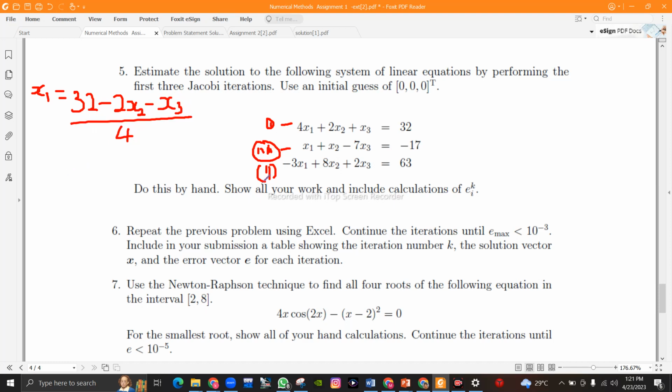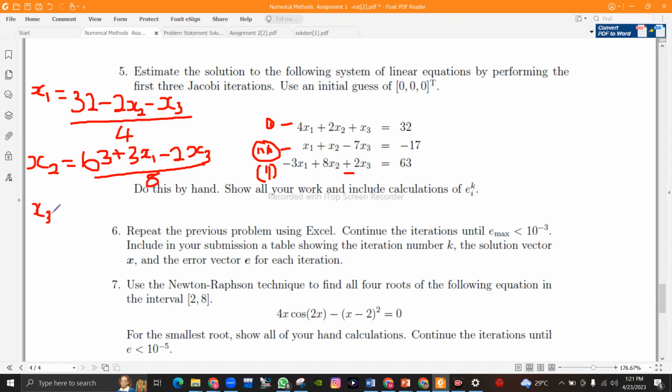And we have for equation 2, x2 equals (63 plus 3x1 minus 2x3) divided by 8. Then also our x3 is equals to (minus 17 minus x1 minus x2) divided by minus 7.